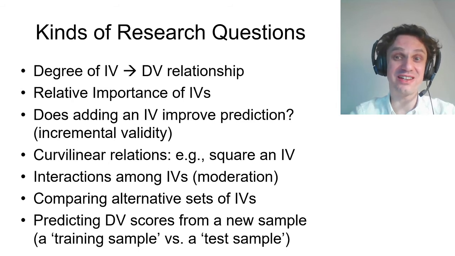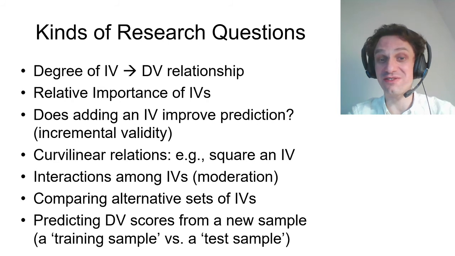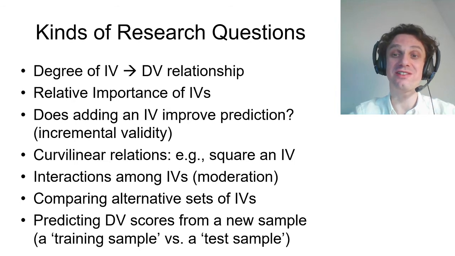But in principle, you can also use linear regression to explore curvilinear associations. You can also use it to study interaction effects between your independent variables. You can use it to compare different sets of predictors. And sometimes you also want to use your regression model to predict new data coming from a new sample.